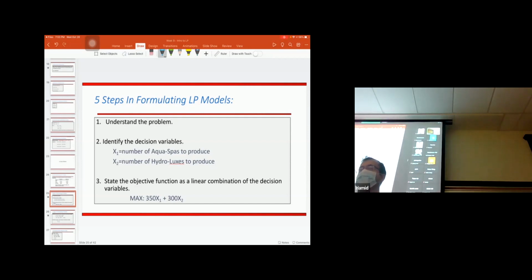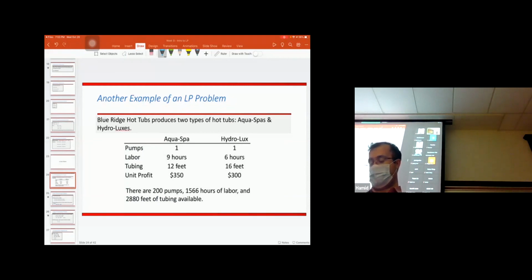Our objective function is maximizing our profit. So let's say you are able to produce 10 X1, which is the number of Aqua-Spas to produce. Look at the previous one, the profit is 350. So if you produce 10 of them, it's 350 times 10, 3,500.